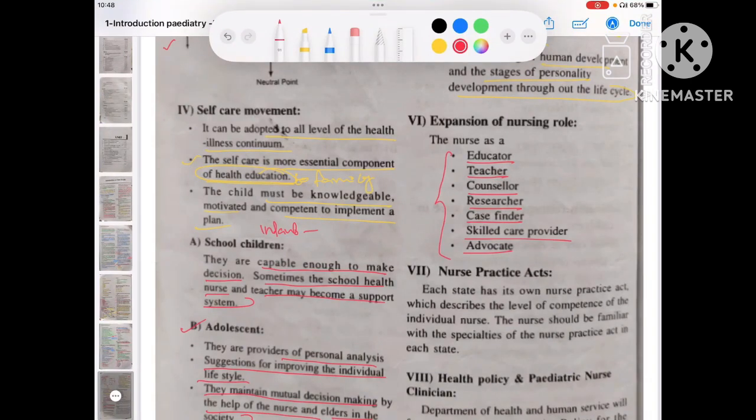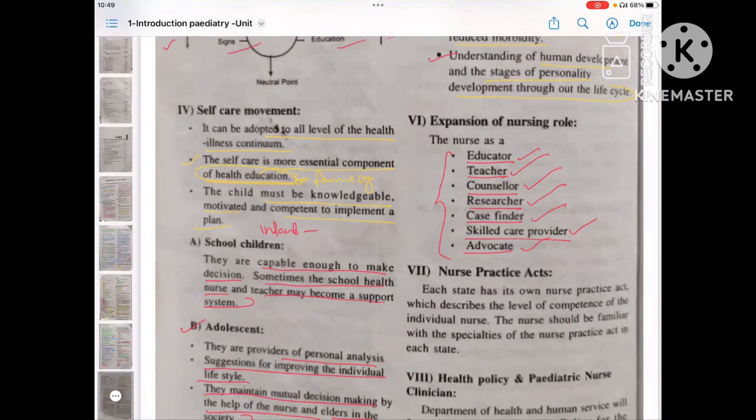As an educator, the nurse educates the client, the parents, and the family. As a teacher, the nurse teaches how to do a procedure and how to maintain cleanliness. As a counselor, they give suggestions. As a researcher, they find out why a problem is coming up. As a case finder, they find the disease or diagnosis, and they provide skilled care whatever is needed. And as an advocate, they act for the patient. So these are the roles of the nurse.